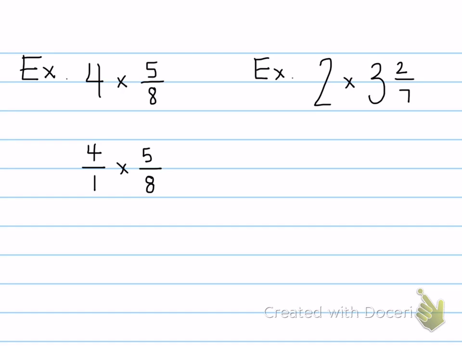I look at my first diagonal, 1 and 5. Nothing goes into 1 and 5. 4 and 8. I know that 4 goes into 4 one time. I know that 4 goes into 8 2 times. Check my vertical numbers. I have 1 and 1. That doesn't simplify. And 5 and 2. That doesn't simplify.